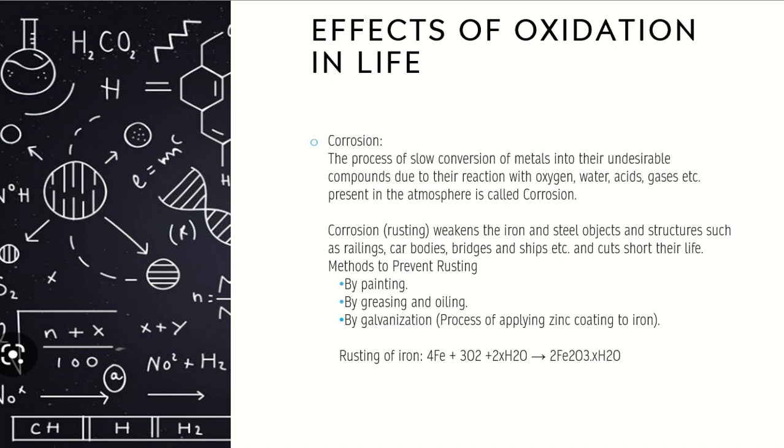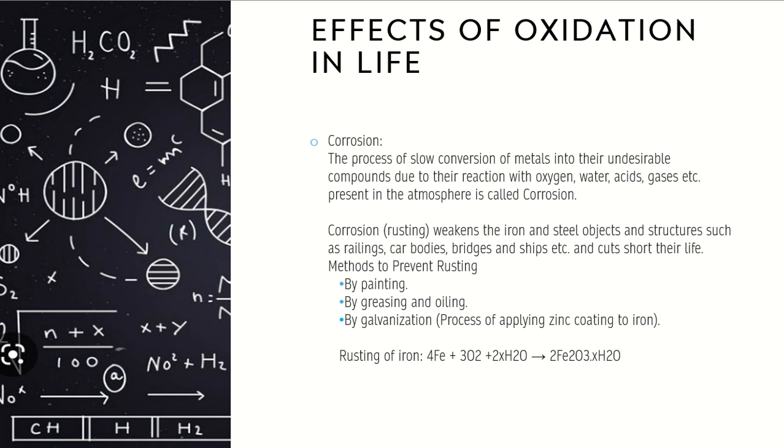Moving on, effects of oxidation in real life. So, corrosion, the process of slow conversion of metals into their undesirable compounds due to their reaction with oxygen, water, acids, gases, etc. present in the atmosphere is called corrosion. You must have heard about the rusting of iron. Rusting of iron is also a type of corrosion.